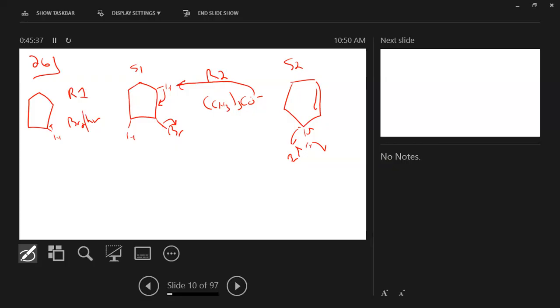Reagent 3. There we go. That bromine there, we can put it like this. That's it. So that's 26.